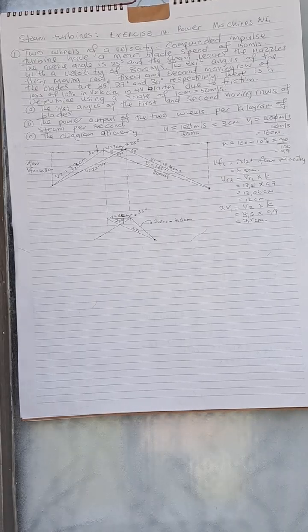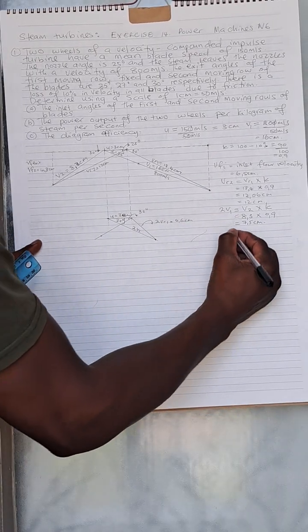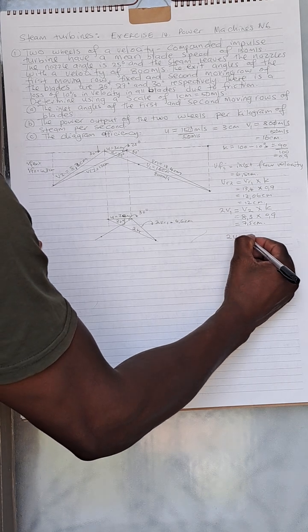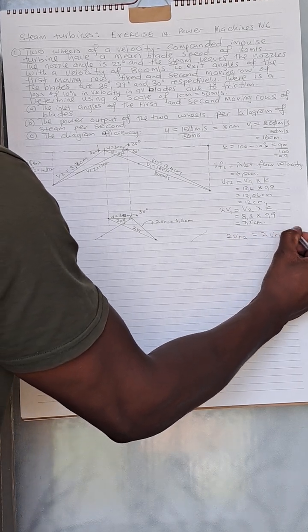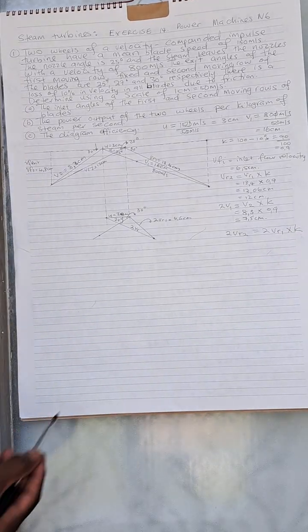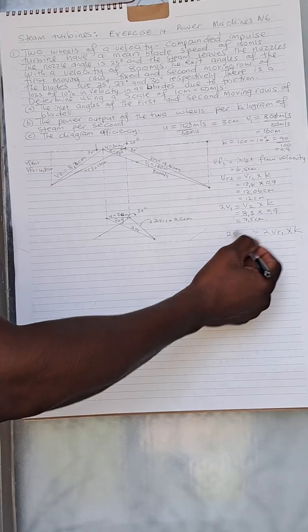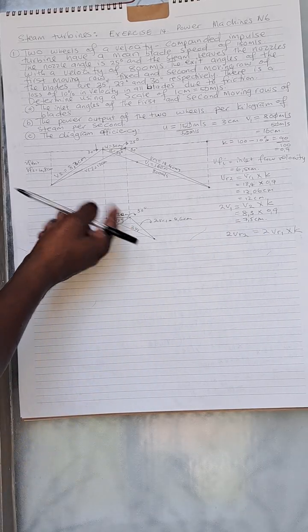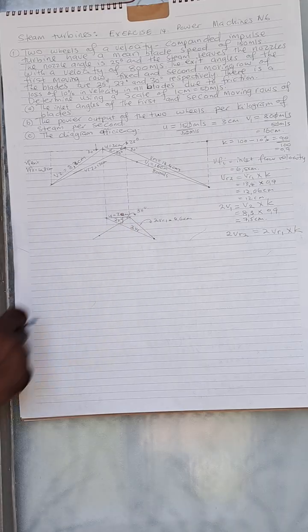And now that we have our 2VR1, we can use the formula 2VR2 equals 2VR1 times our K. So don't forget, these two, we are just using it to symbolize that we are dealing with the second stage. So do not use it in your calculations.